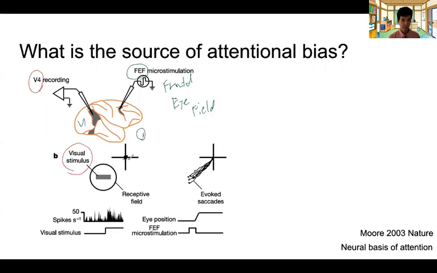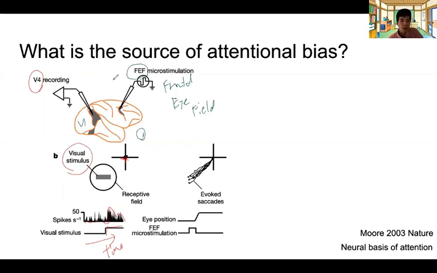Here the monkey is fixating at the center, and the bottom left is the location of the V4 receptive field, which is located to the right side in the top, dorsal areas. When the stimulus is presented, shown here over time, V4 neurons start to fire really strongly when it's their preferred stimulus.